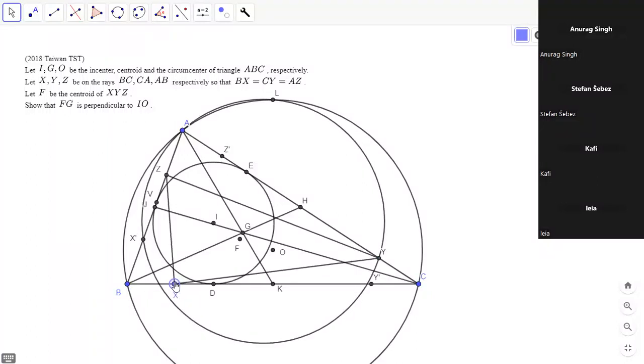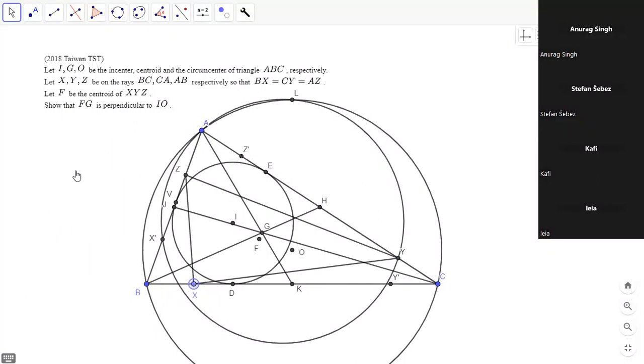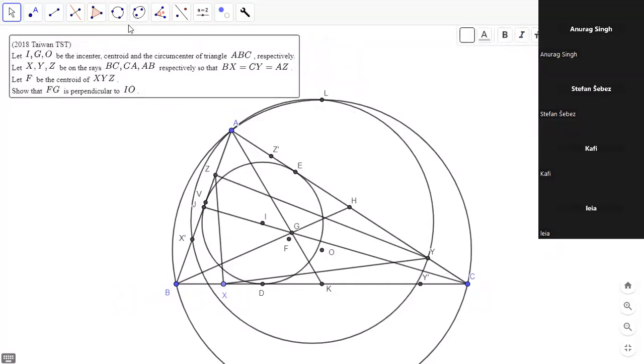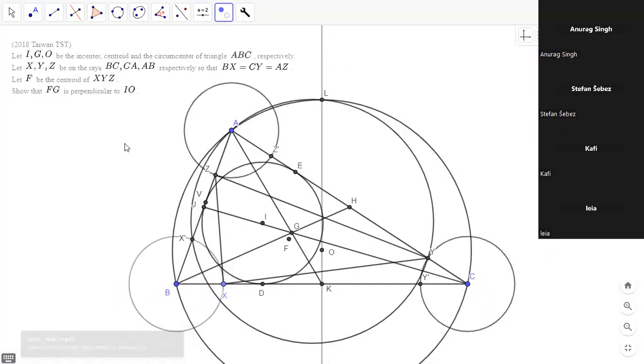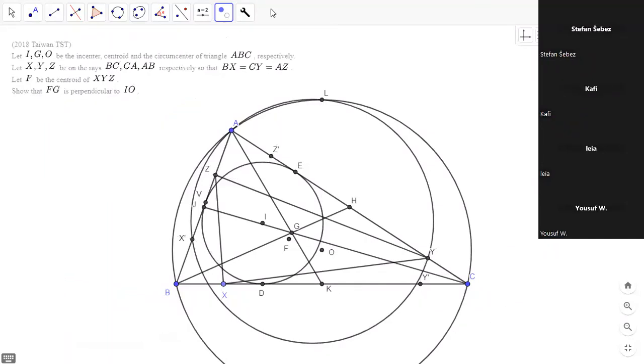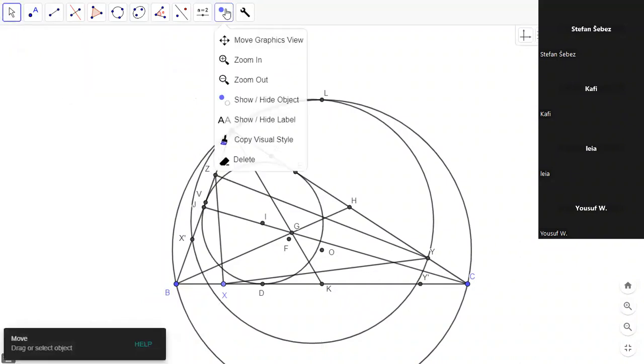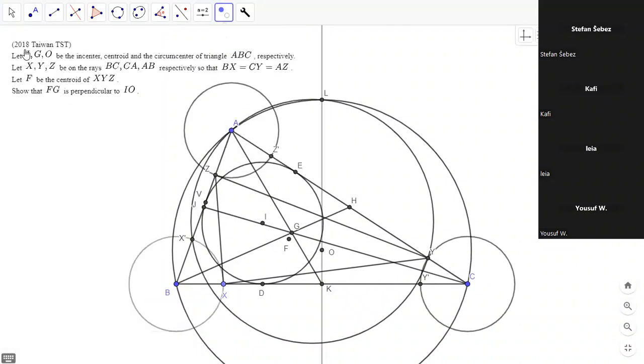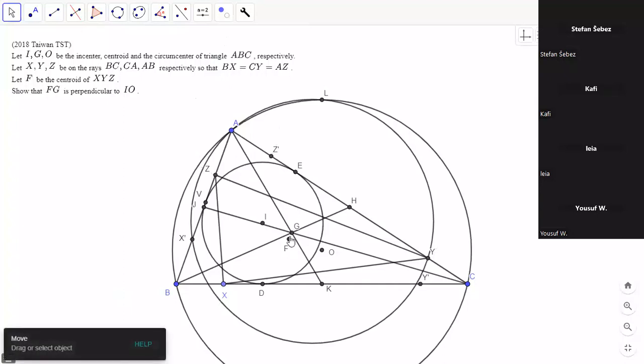Could you just repeat one more time exactly how you did it? Yeah. So, sorry, Yusuf just joined again. The vector FG, you could take an arbitrary point, let's say O, and consider it the center of your coordinate system.